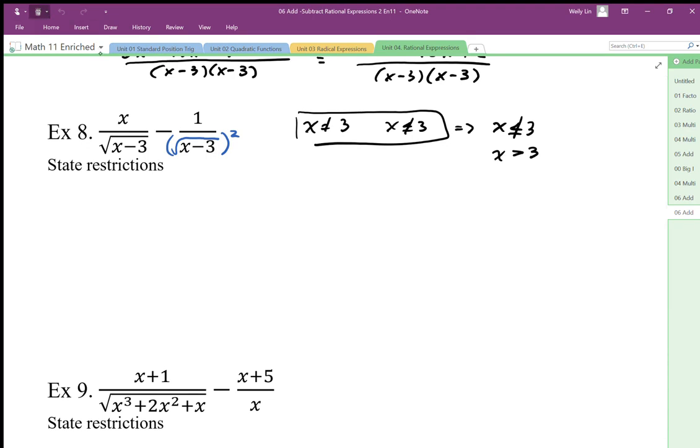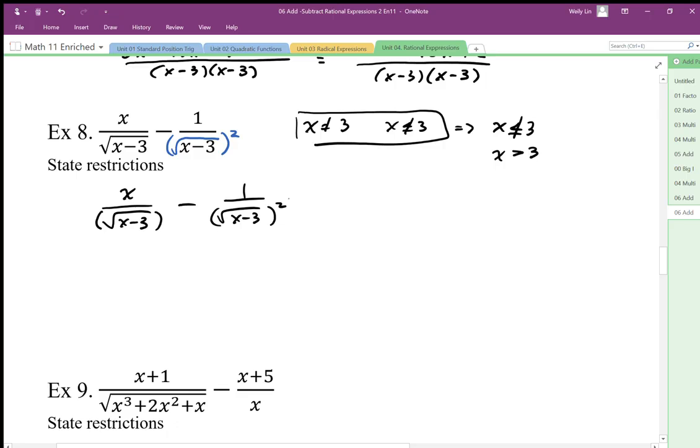So what I end up doing here then is I have an x minus 3 square root minus square root x minus 3 times square root x minus 3. My common denominator I get by multiplying by square root x minus 3.